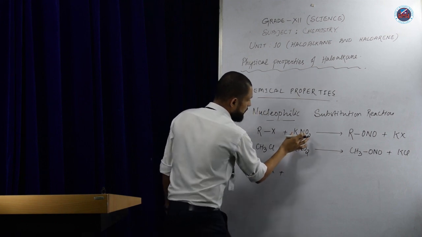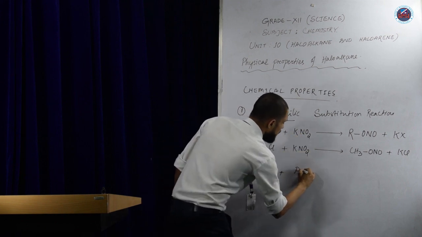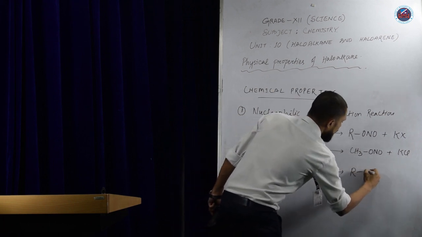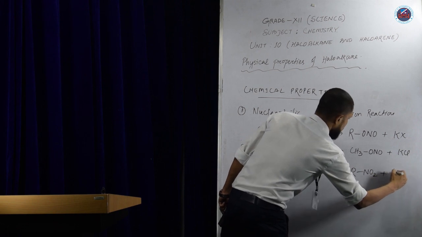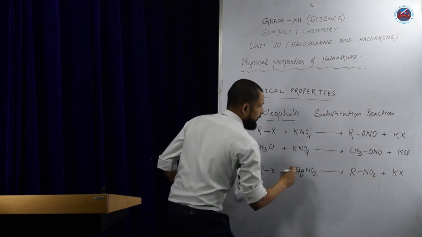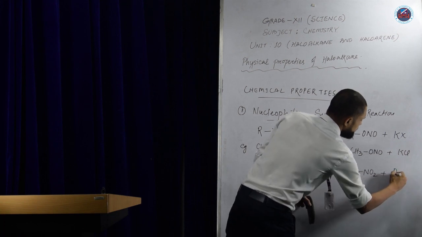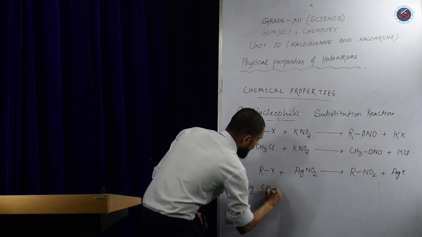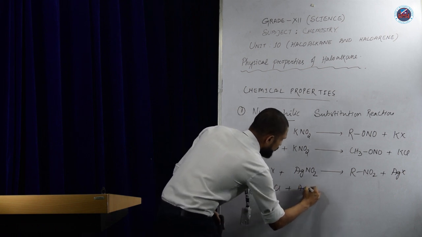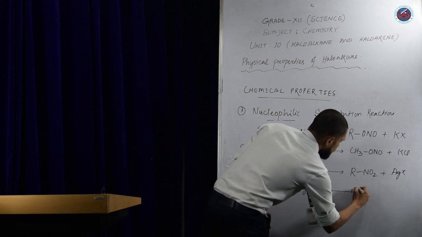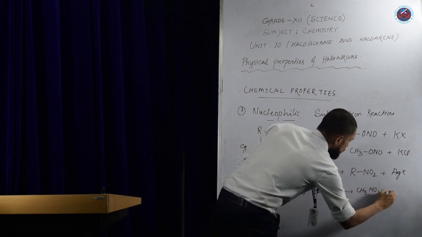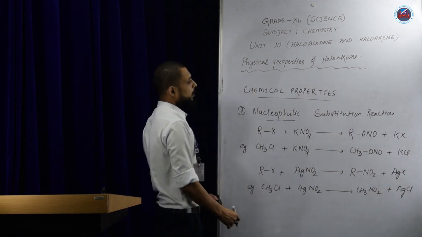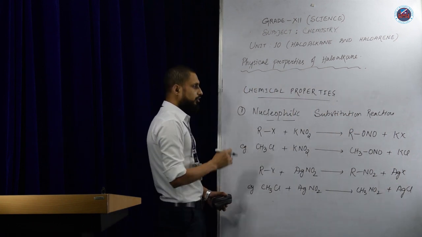Alright. In place of KNO2, if you take AgNO2, you will get RNO2 plus AgX. Example, if you take CH3Cl plus AgNO2, you will get CH3NO2 plus AgCl.